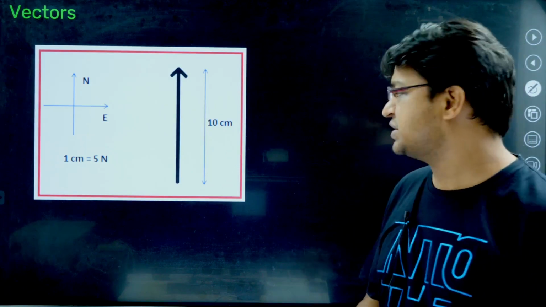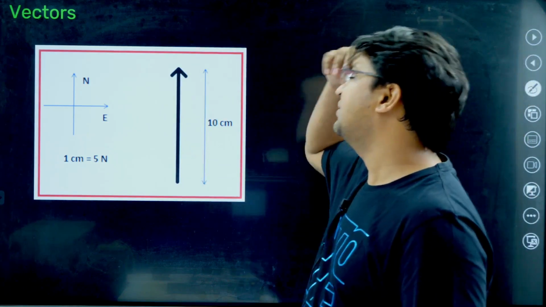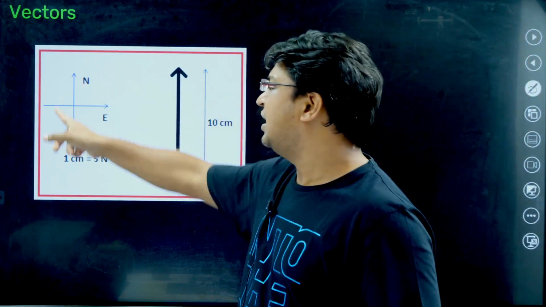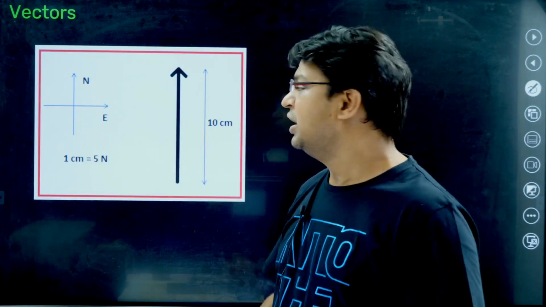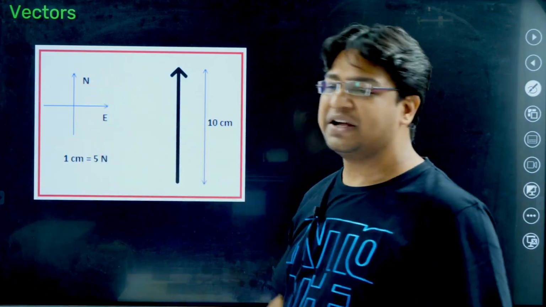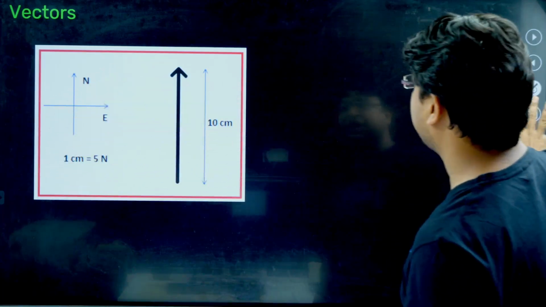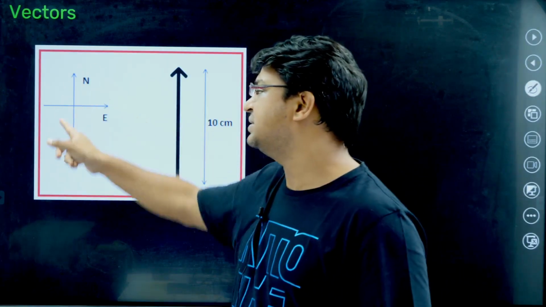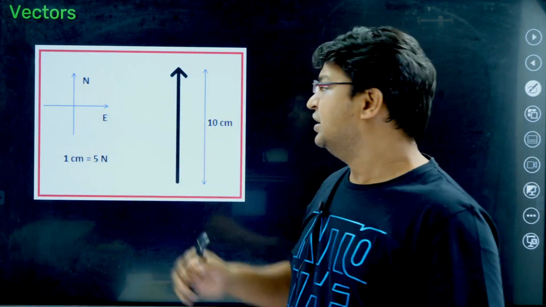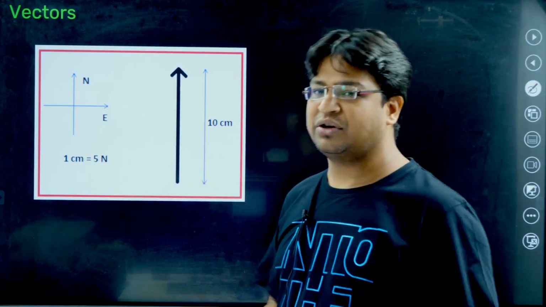For example, I see one arrow here, and I see a symbol that indicates this N is north, this E is east. So this is the bearing; it clarifies which direction on this plane is considered the north direction. You would have seen such symbols on properly made maps. They would have symbols indicating which is the north direction.